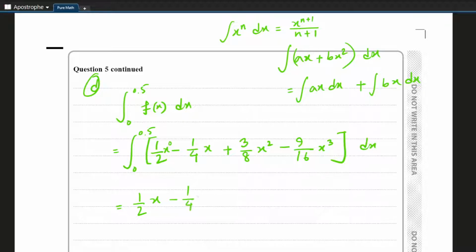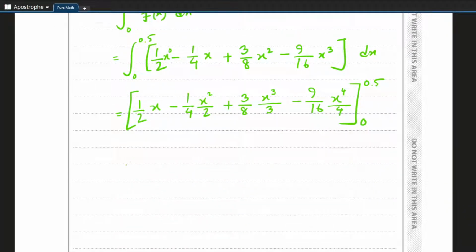Similarly, 1 over 4 x squared divided by 2, plus 3 over 8 x cubed divided by 3, minus 9 over 16 x to the power 4 divided by 4, and then the limits 0 to 0.5.